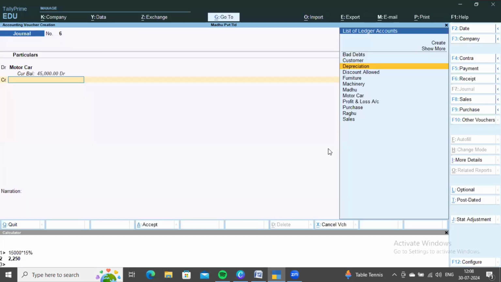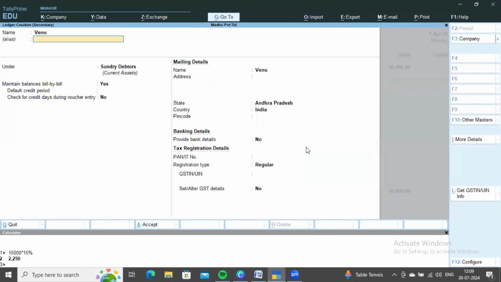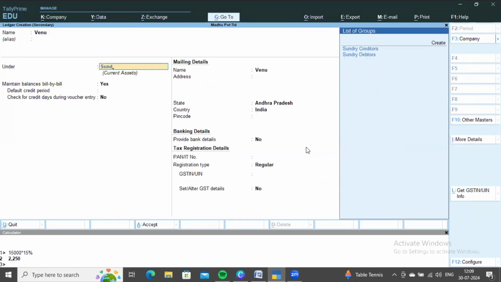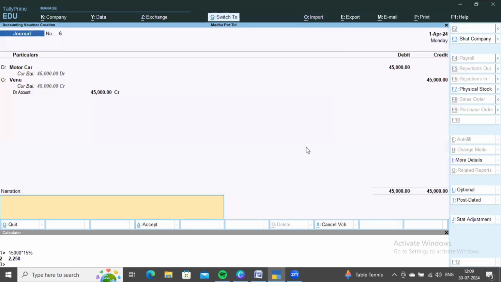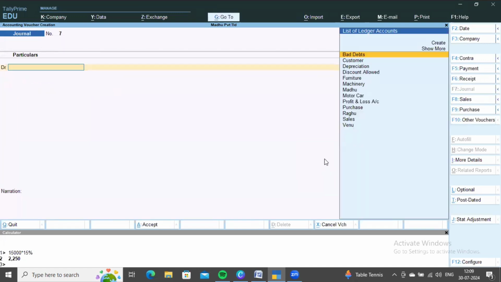So okay, let's create Venu account. Venu is a sundry creditor. Control A. On account 45,000.